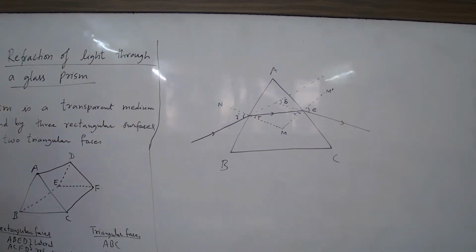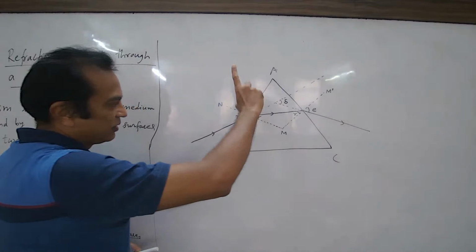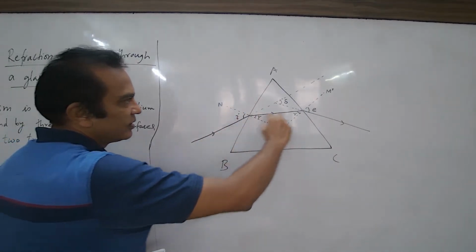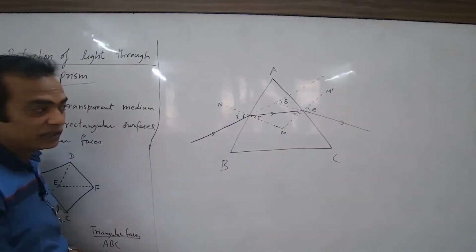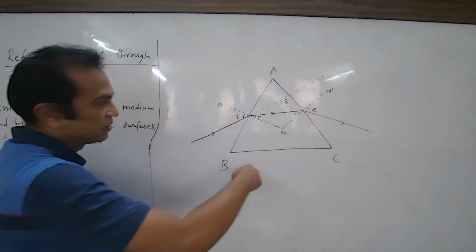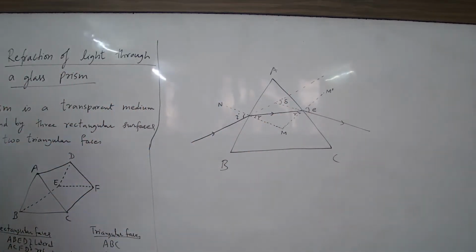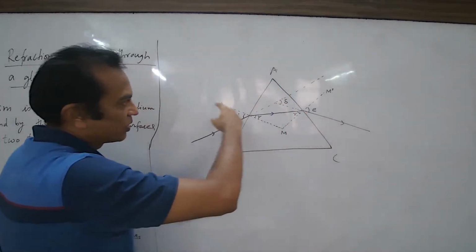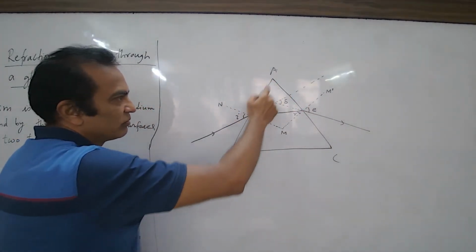So everybody is familiar with how to draw the ray diagram for a prism. It's just one triangle, then this ray is parallel to the base. You have to draw 2 normals, so pay attention to the sequence: the triangle, the normal at the midpoint at both the faces.